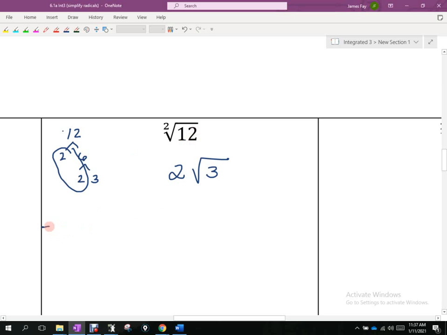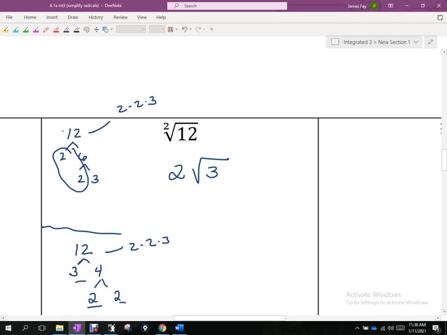Okay? Now some people will say, I didn't factor 12 that way. What's another way of factoring 12? Instead of 2 and 6, 3 times 4. So if you went that route, that's okay, because 3 is prime, right? What multiplies then to give me 4? 2 and 2. Is that still 12 is 2 times 2 times 3, right? 2, 2, and 3, right?